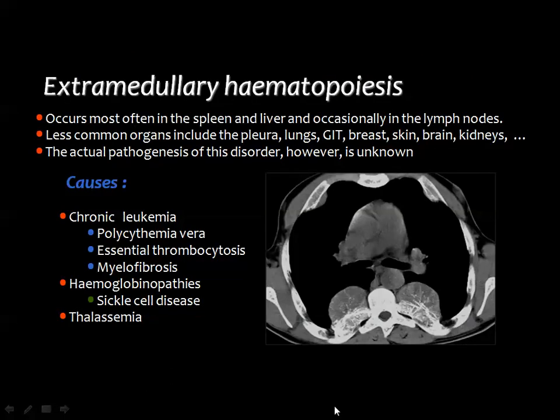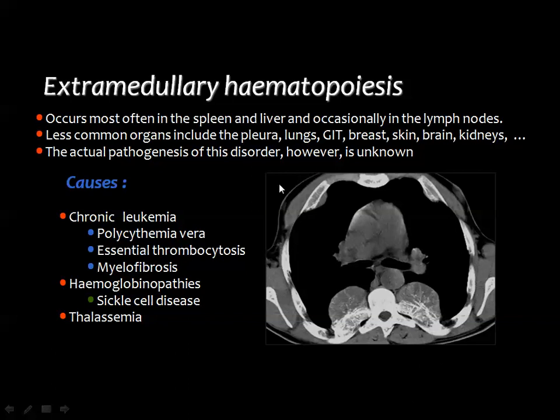And the extramedullary hematopoiesis usually occurs in the spleen and the liver and also in the lymph nodes, but sometimes you can see this extramedullary hematopoiesis in the posterior mediastinum.